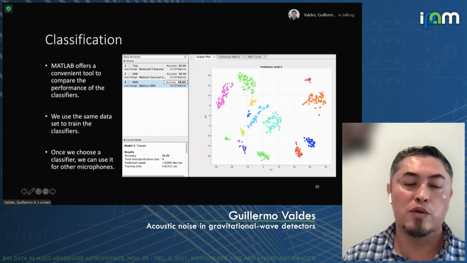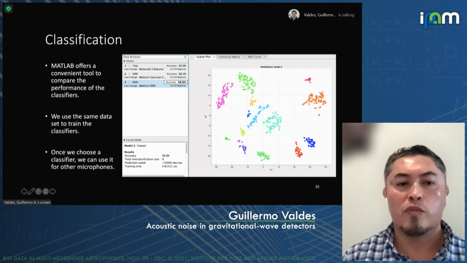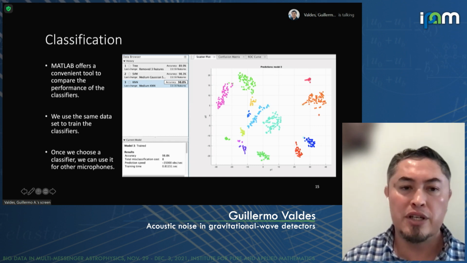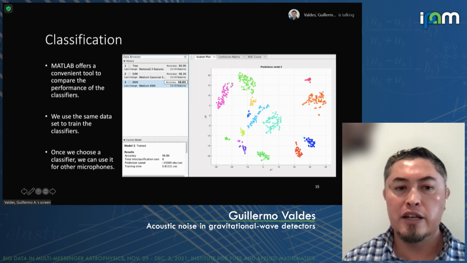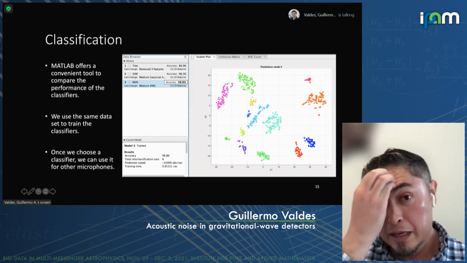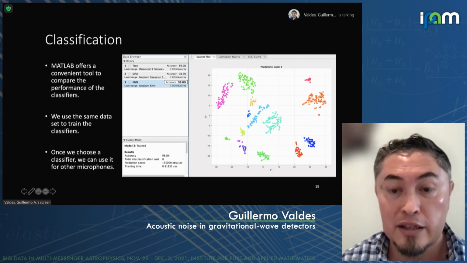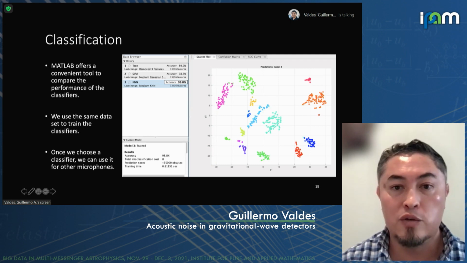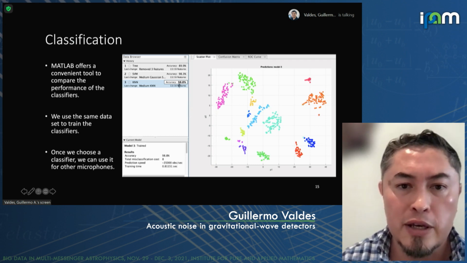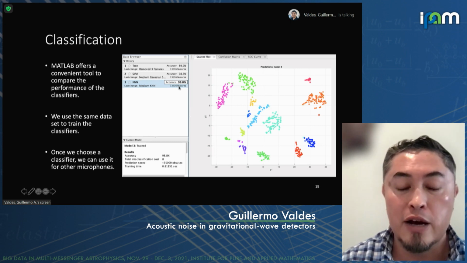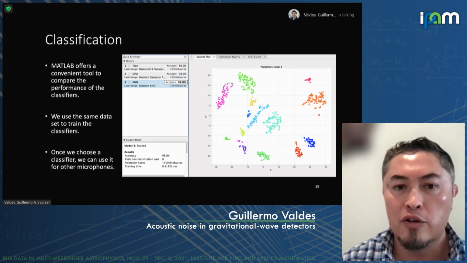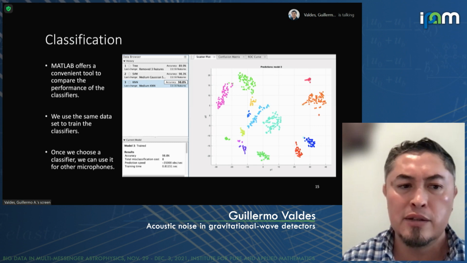In this case, we use decision trees. We also use support vector machine and k-nearest neighbors, which is one of my favorites. It's the easiest to understand, and it's also quick to train. And as you can see, in our case, the KNN algorithm was the one with the highest performance.